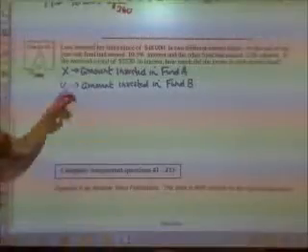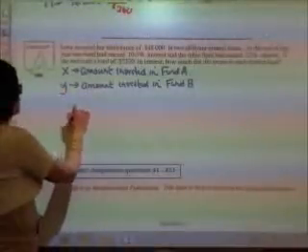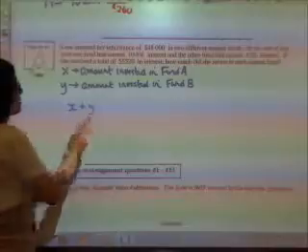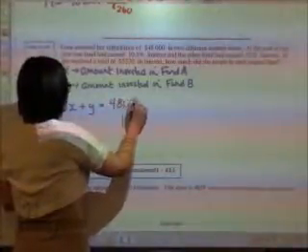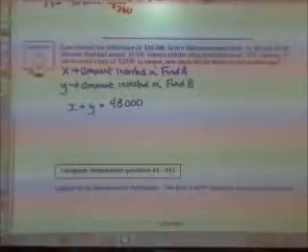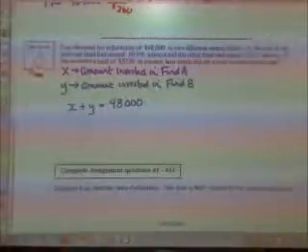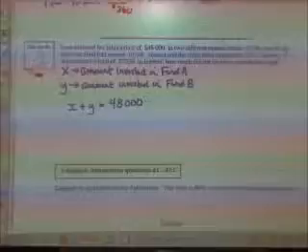How much money did she invest? $48,000. So the amount of money in Fund A and the amount of money in Fund B has to equal $48,000. What else do I know?